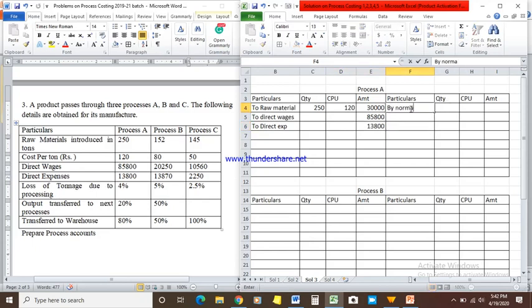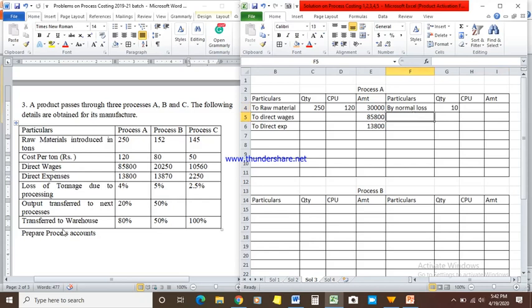So by normal loss, it is 4%. So 4% is the loss. That is 0.04 into 250 tons. So that is 10 tons. So 10 tons being the normal loss. The value of this normal loss is not given, so we are going to just leave it blank.